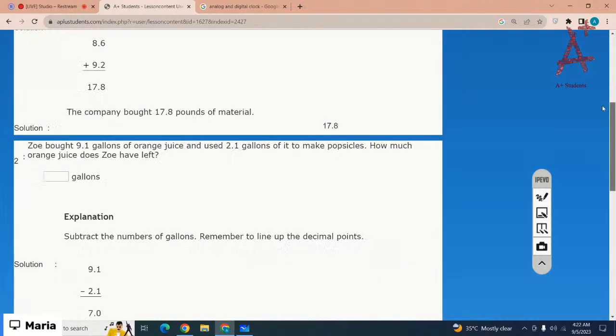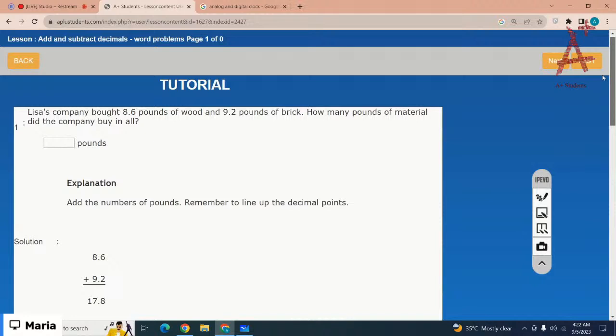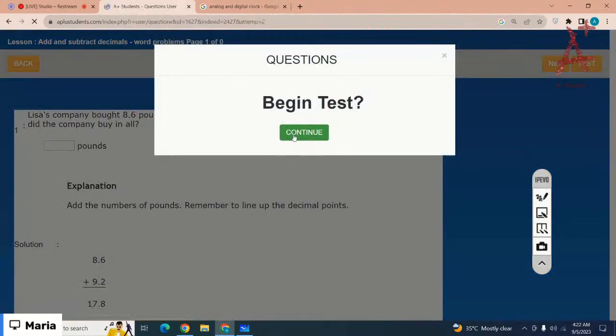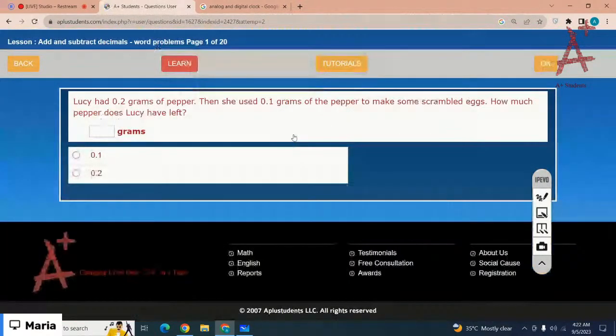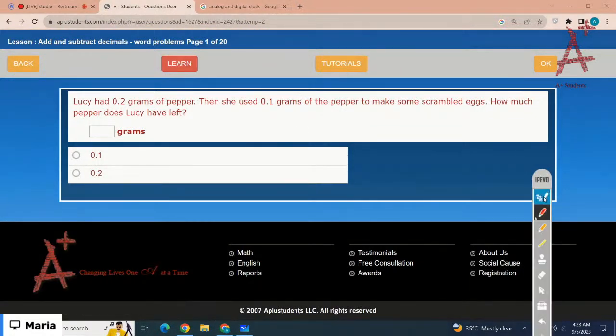So let's start with the practice questions. Lucy had 0.2 grams of pepper. Then she used 0.1 grams of pepper to make some scrambled eggs. How much pepper does Lucy have left, right? Because you have to see how much is left, she had a total of 0.2, and 0.1 gram of pepper she used while making scrambled eggs.